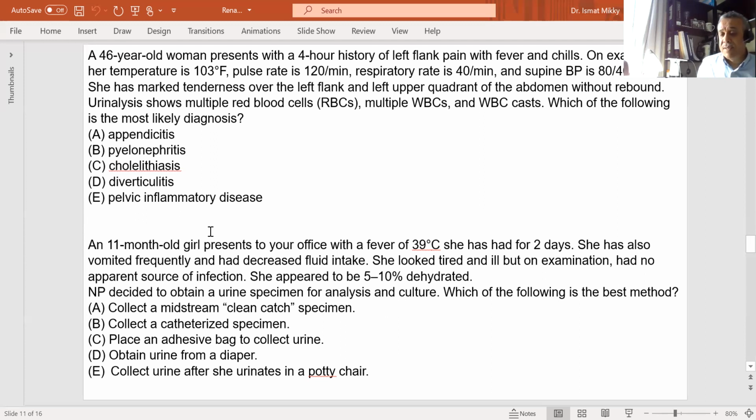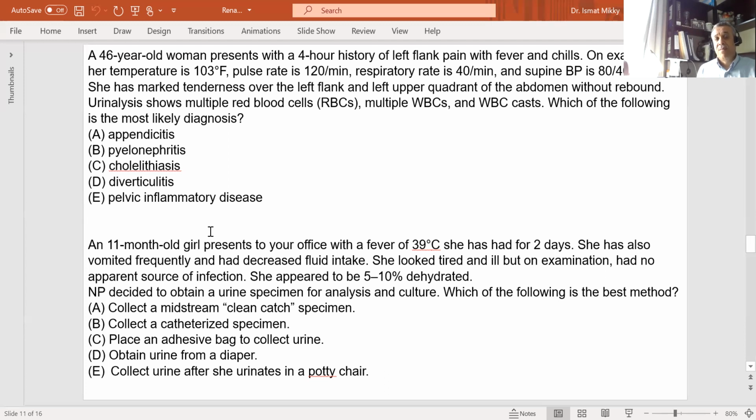An 11-month-old girl presents to your office with fever. So collect a catheterized specimen. So B is the correct answer. Now, urine for urinalysis and culture, which is C&S, must be properly obtained.